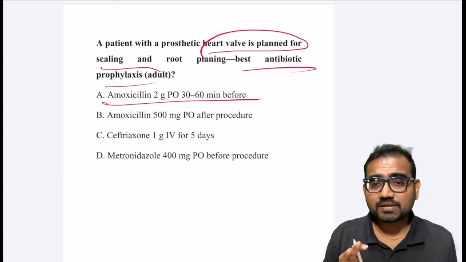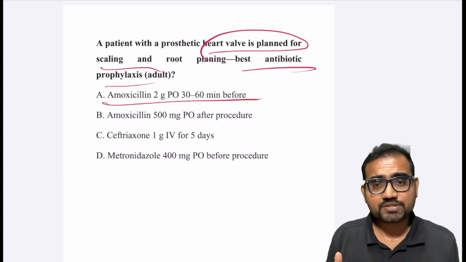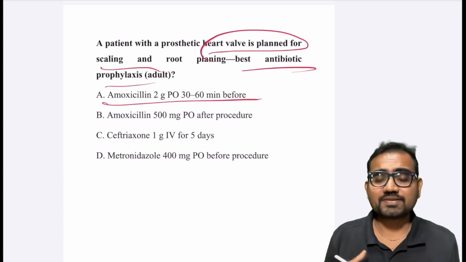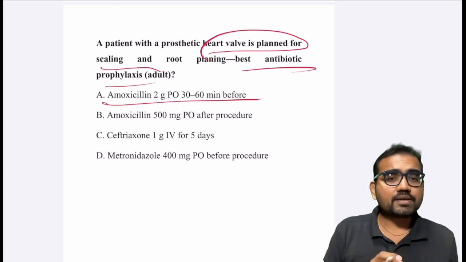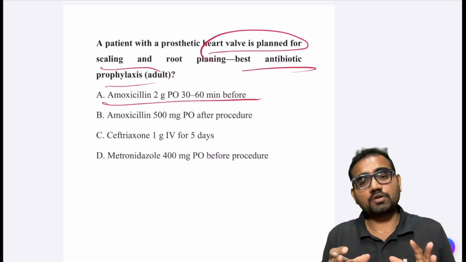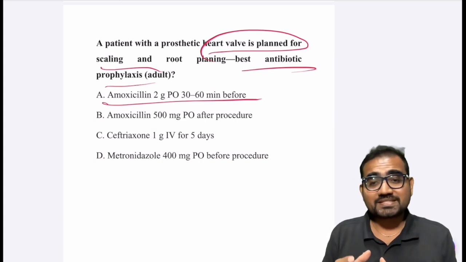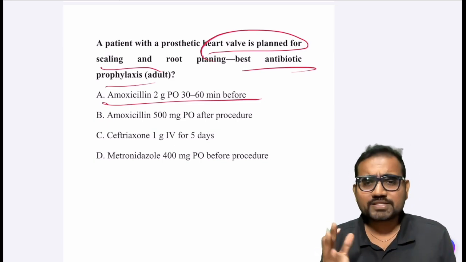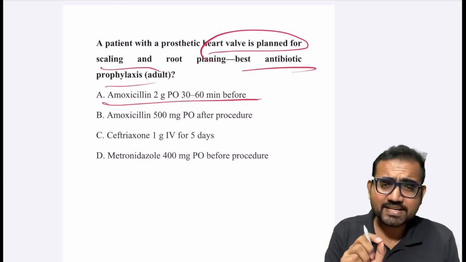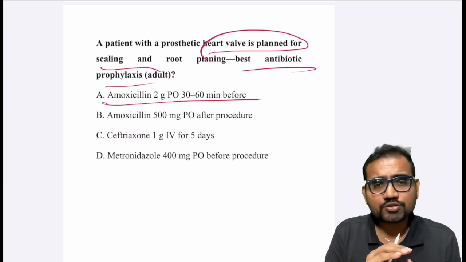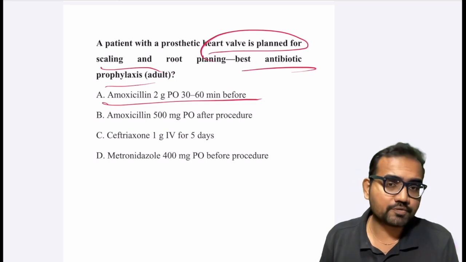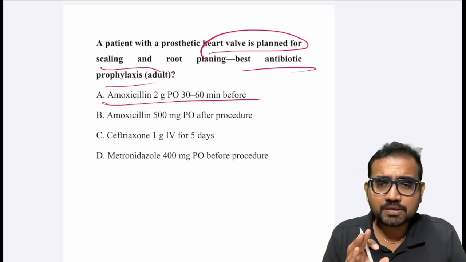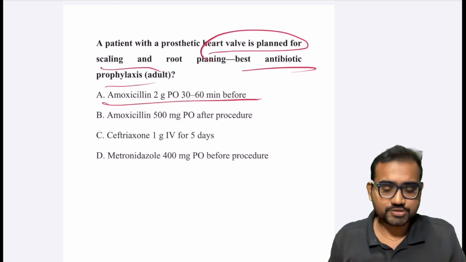If the patient is not able to take orally, IV ampicillin 2 grams or cefazolin 2 grams. For patients allergic to penicillin or cephalexin, we can give azithromycin 500 mg. In this case, a prosthetic valve with no history of allergy, I can give amoxicillin 2 grams 30 to 60 minutes before the procedure. Very straightforward, simple questions. You should never make mistakes in these questions.